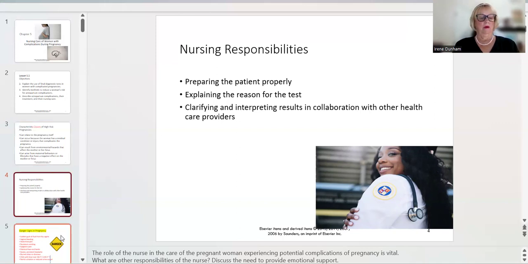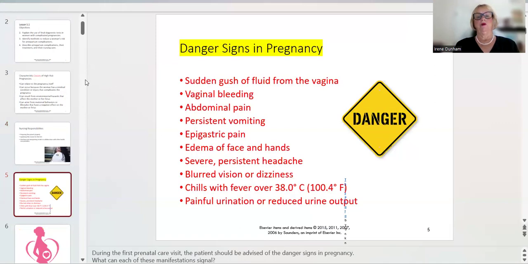Okay. So here are your danger signs in pregnancy. These are really, really important to learn and keep in your head. Sudden gush of fluid from the vagina. That's her bag of water. If you're premature, a 26-weeker, and already had a gush of fluid from the vagina, that's a danger sign. Vaginal bleeding.